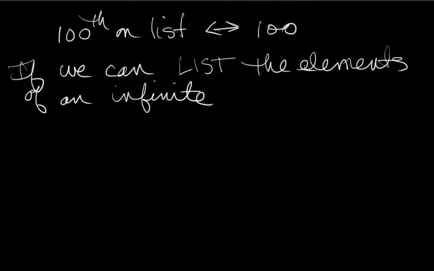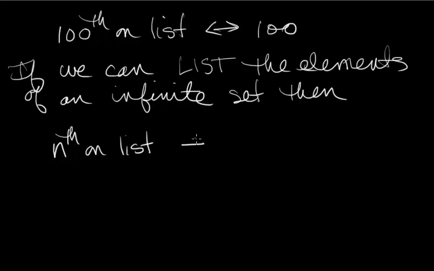If we can list the elements of an infinite set, then here's the correspondence. Nth on list corresponds to the natural number n in the natural numbers.